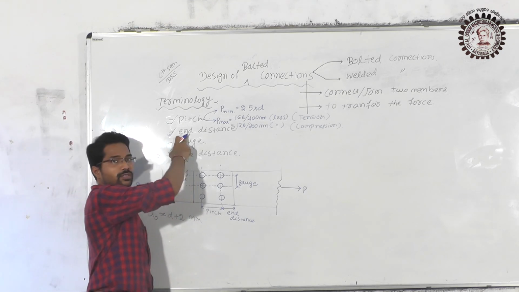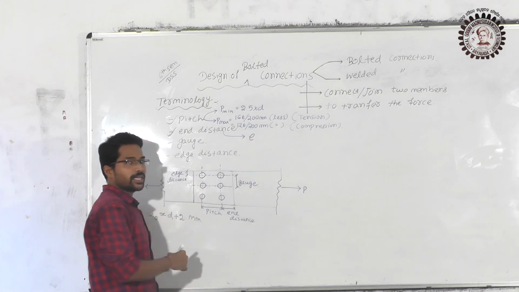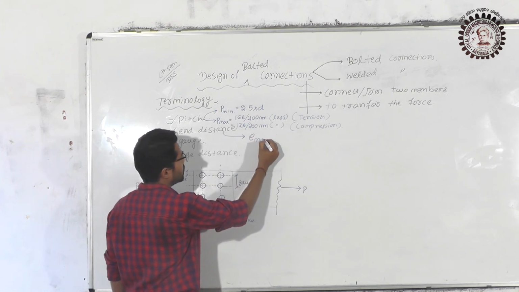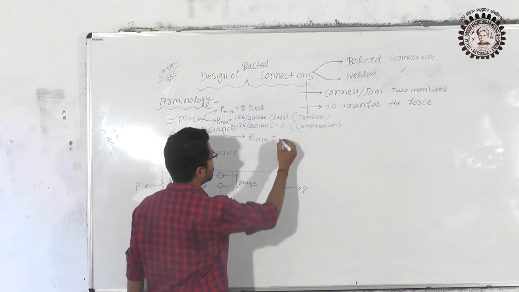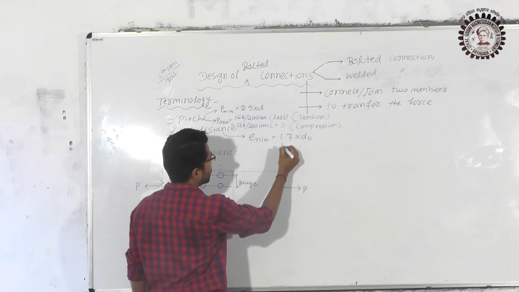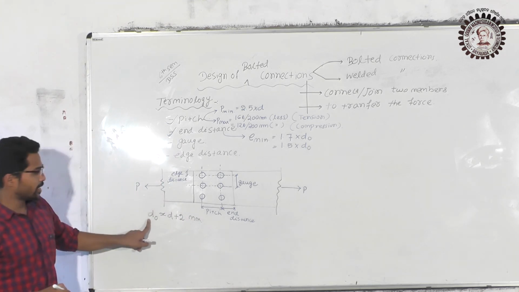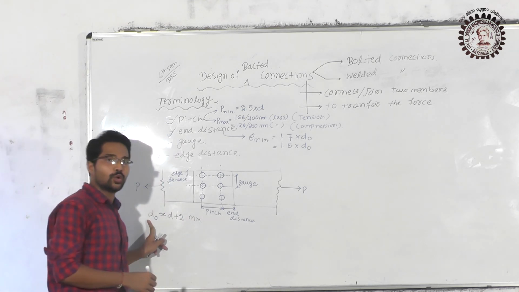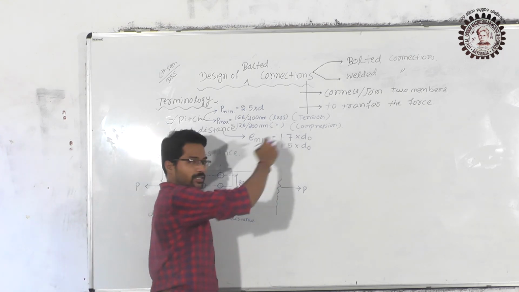And second thing is end distance. End distance minimum, let's say I am denoting by E. So E minimum equal to how much? You will find from the code book 1.7 into D naught or 1.5 into D naught. D naught, or D0, I have told you, is the diameter of the bolt hole. So I have written here two values.